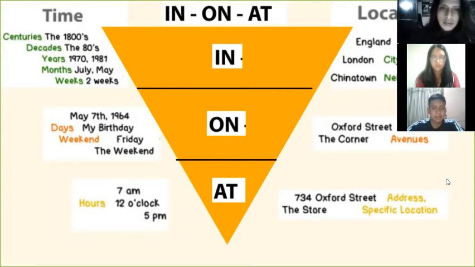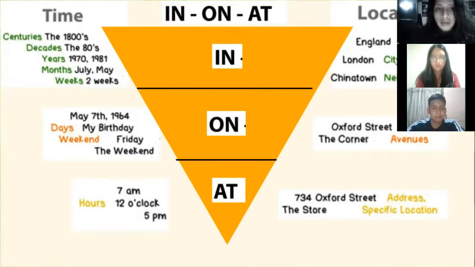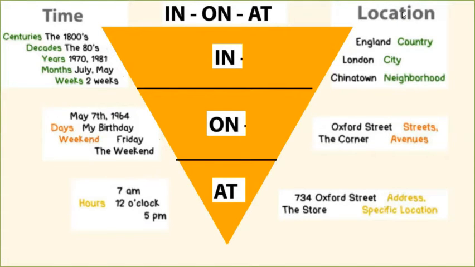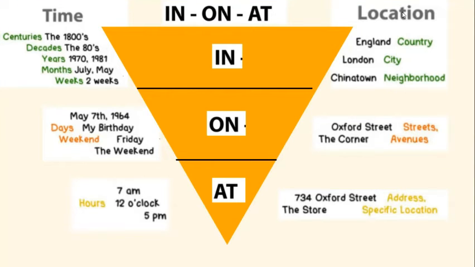The preposition on can be used for days, weeks, streets, and avenues. The preposition at can be used for hours and addresses, a specific location.